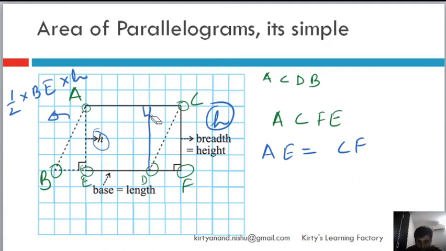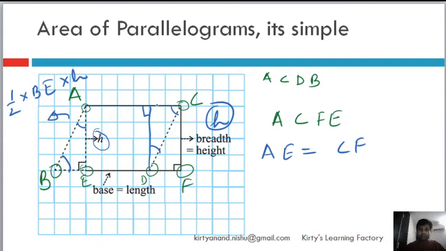And what you will discover now is that these two are parallel lines, right? And this line AB and CD are parallel. Okay, and I am drawing a perpendicular from here to here and here to here. So these two lines are also parallel. So this angle will be equal to this angle, correct? We have studied that. So this angle will be equal to this angle, and this angle will be equal to this angle.